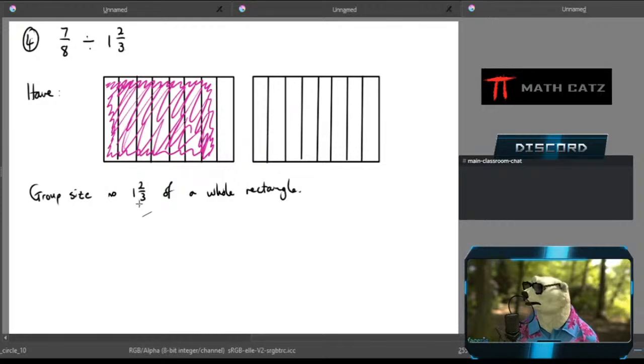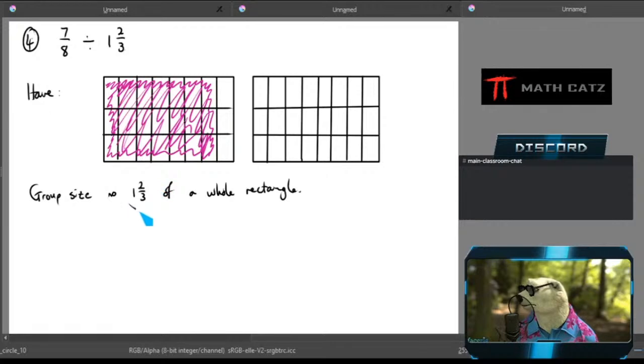I just need to set up another rectangle because the group size is one whole rectangle and then another 2/3 of a rectangle. But same as before, I need to split it up sideways into 3, right? So let's do that. Thirds. Here we go. And there we are.